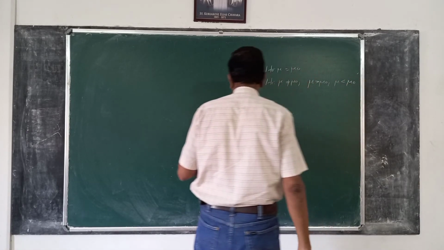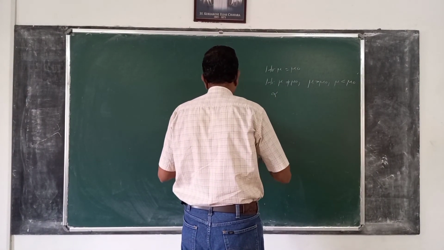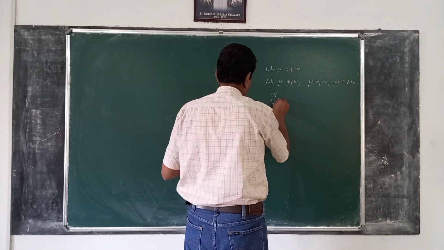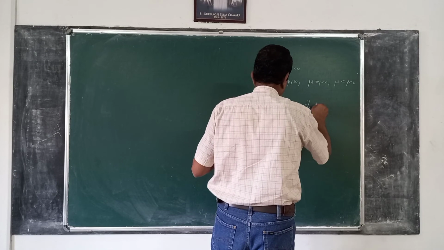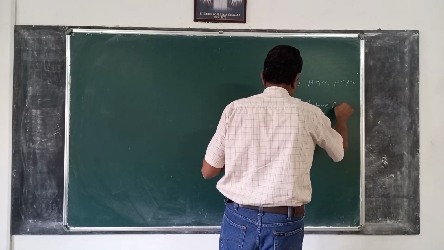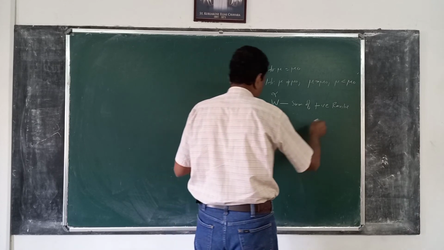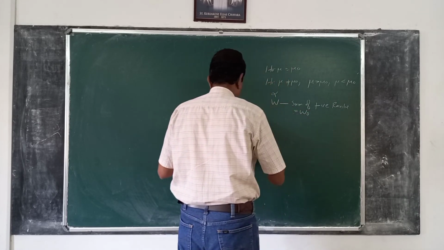All these are possible. Decide alpha. Then compute the value of the test statistic W. W is the sum of positive ranks. Then denote it as W0.